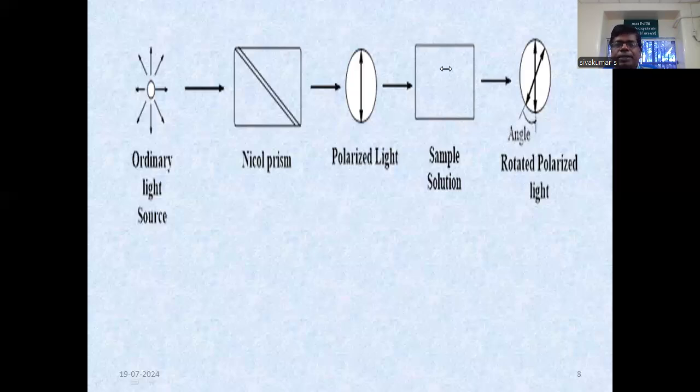So, based on the nature of the isomer, it may be designated. If it rotates the plane polarized light to the clockwise direction, then it is called the plus isomer. On the other hand, if it rotates the plane polarized light to the anti-clockwise direction, then it is said to be the minus isomer.